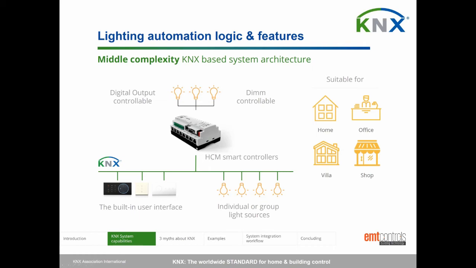Our controller supports Wi-Fi, so a user will be able to control the lights from a mobile application. It is enough to connect to the same local network with your mobile device. This solution is suitable for villas, commercial areas, shops, or offices of middle complexity.